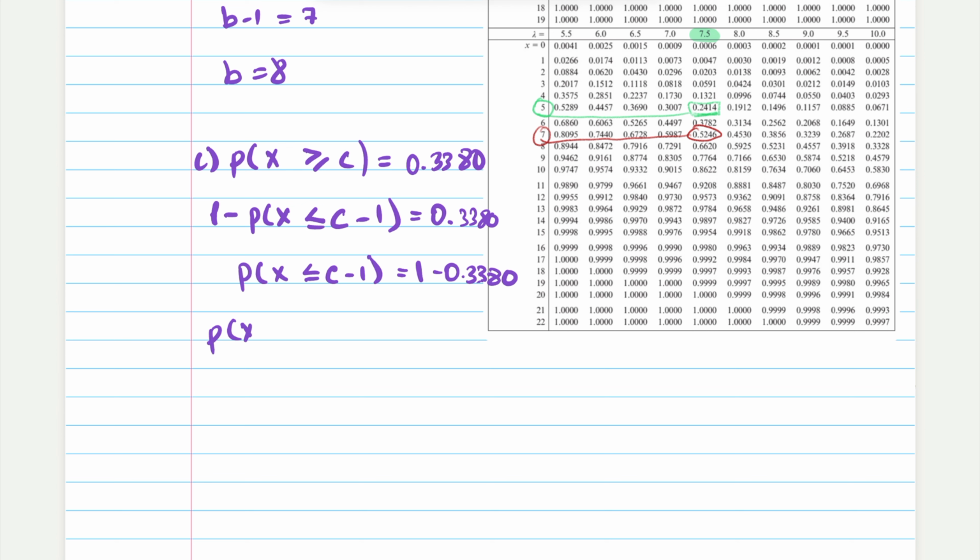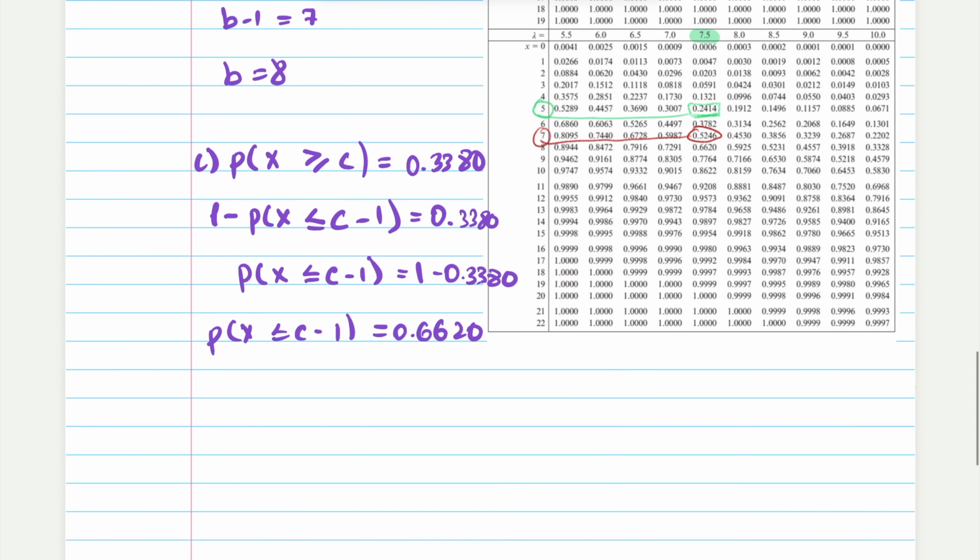So all you have to calculate, 1 minus 0.3380, is going to be 0.6620. So now we find this in the table. 0.6620 is here, so we're going to say that C minus 1 has to be 8, so C must be 9.